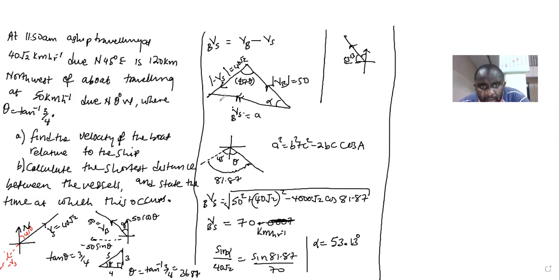Guys, confirm alpha. You're saying alpha is 29 point 004? Okay, 29 degrees.